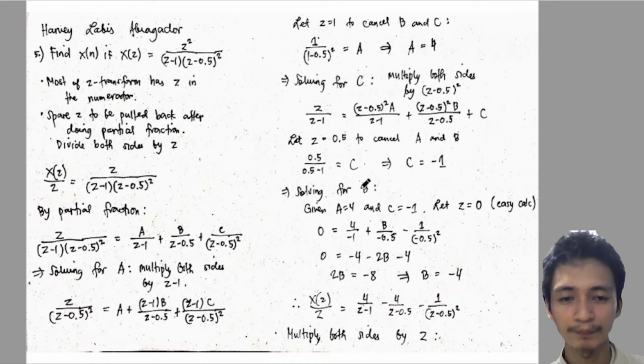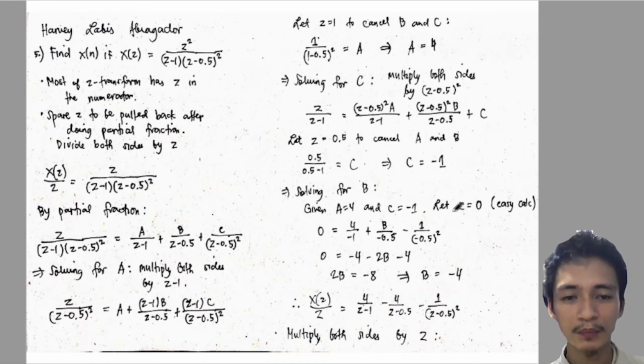Solve for B. Given that A equals 4 and C equals negative 1, we'll let z equal 0 for easier calculation, because if you look at the equation, we have A and C. For whatever value of z, we can just substitute it and get the value of B. That's what we're doing in this part.